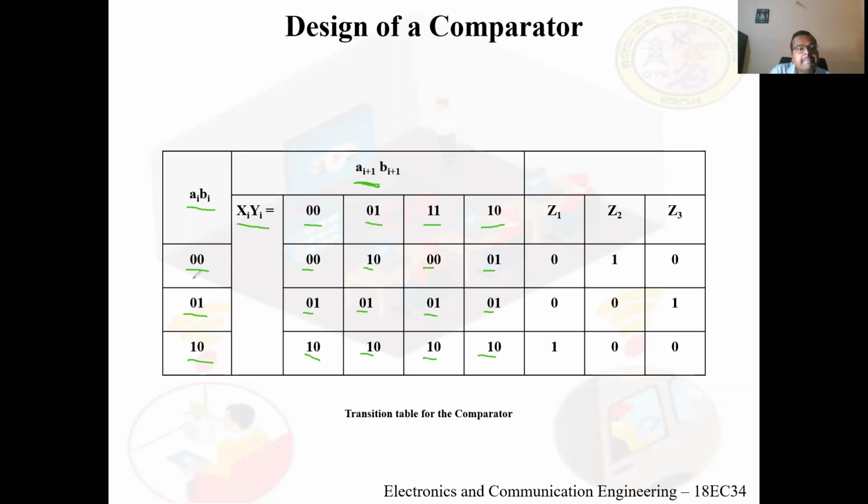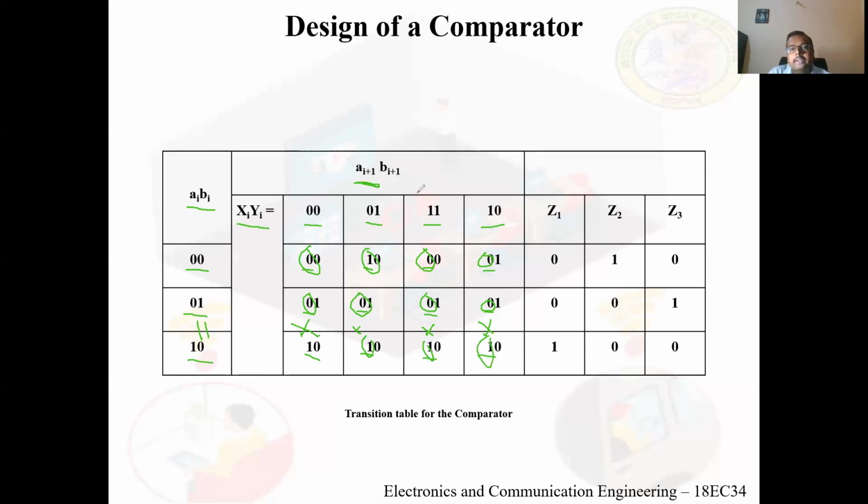When ai, bi is 0,0, next we have 0,0, 0,1, 1,1 and 1,0. What we have is the values 0,1,0 and 0. This comes in the first row, and in the second row we have 0,0,0 and 0. You can see we don't have 1,1, and for 1,1 we put don't care condition in the K-map. And next for 1,0 we have 1,1,1 and 1.